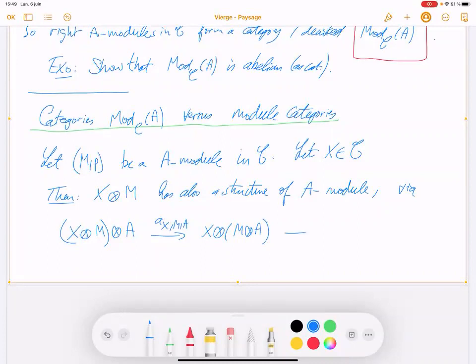Then you apply the module product on M tensor A and identity on X, and you go to X tensor M. This is the module product for X tensor M.